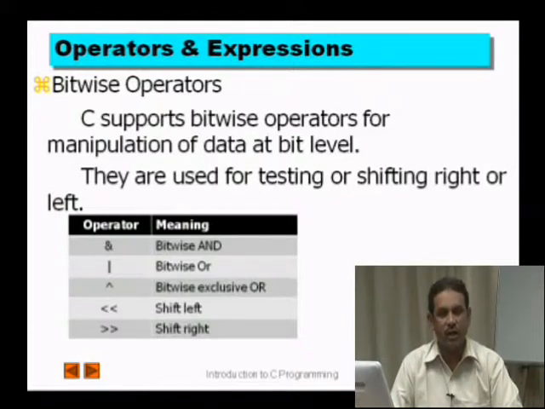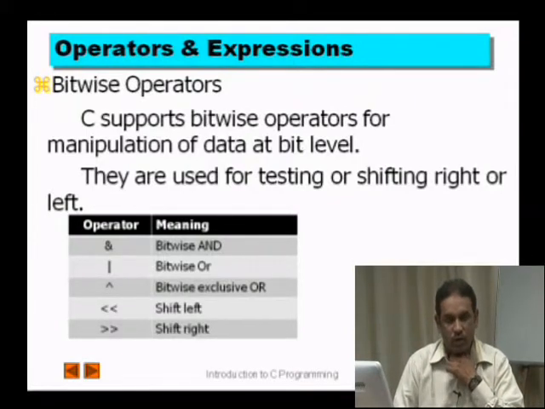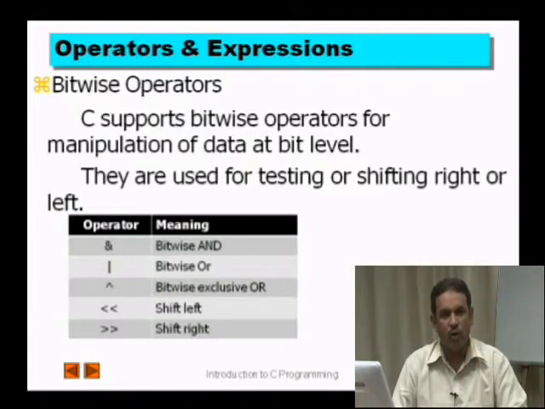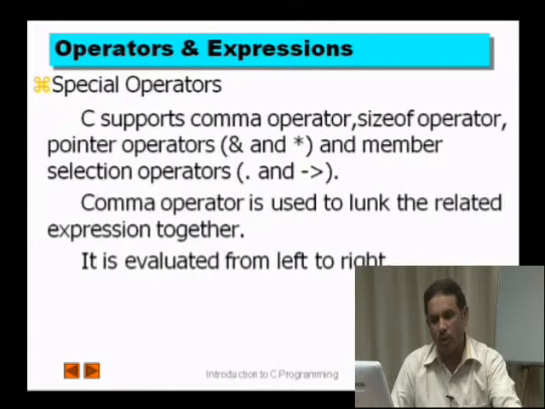Then shift left is nothing but, we can call it a multiplication, go on shifting to the left position, whereas shift right means you are going to shift it to the right. You can shift the bits to the left side or to the right side.